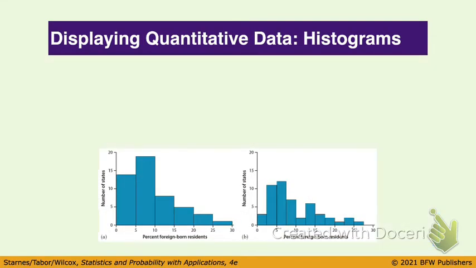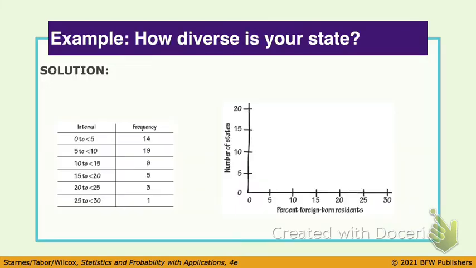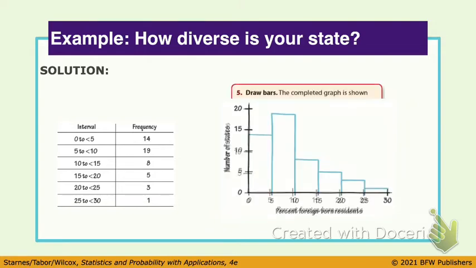So why did the y-axis go up to 20? It's because I only have to go up as high as my highest frequency. My highest frequency was 19, so I just want to go just slightly higher than that. Yep. Any other questions?